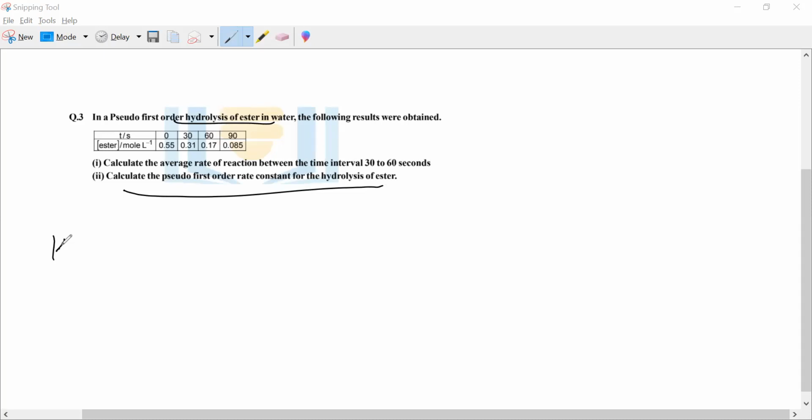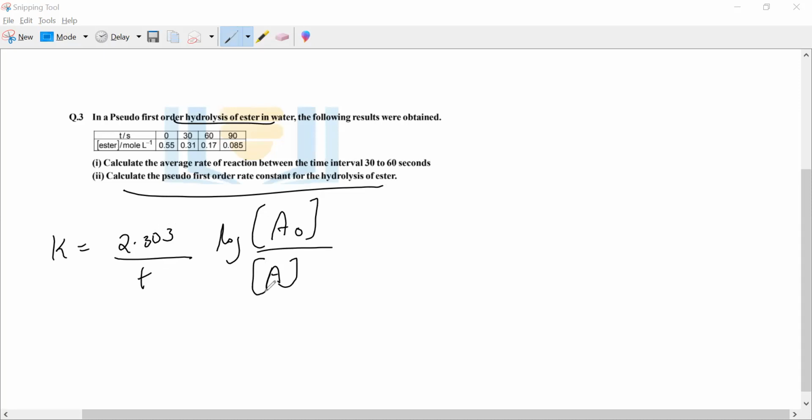What is the formula? K is equal to 2.303 by t, log of a naught by a. What is a naught standing for? Initial concentration of ester. So those who don't know, what does a naught stand for?